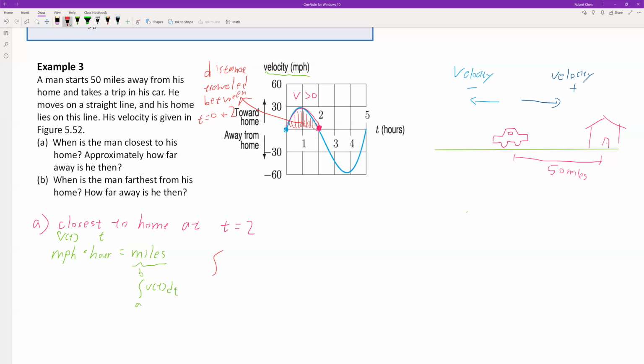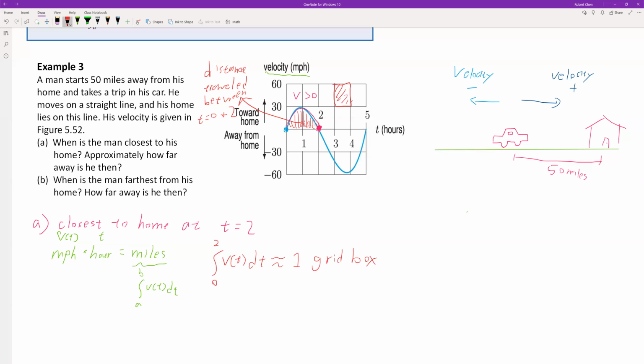So we can say that the integral going from 0 to 2 of v of t dt is about one grid box. All right, so one grid box will be like this, which is a rectangle, easy to find.